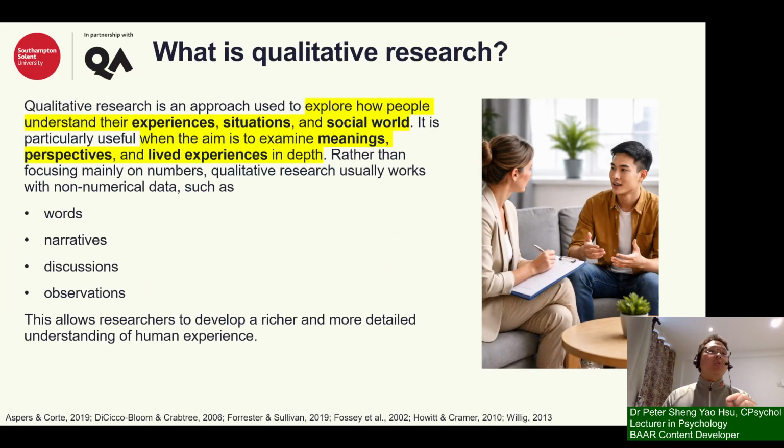So, qualitative research is an approach used to explore how people understand their experiences, situations, and social world. The key word here is understand. In qualitative research, the researcher is often interested in how people make sense of something.